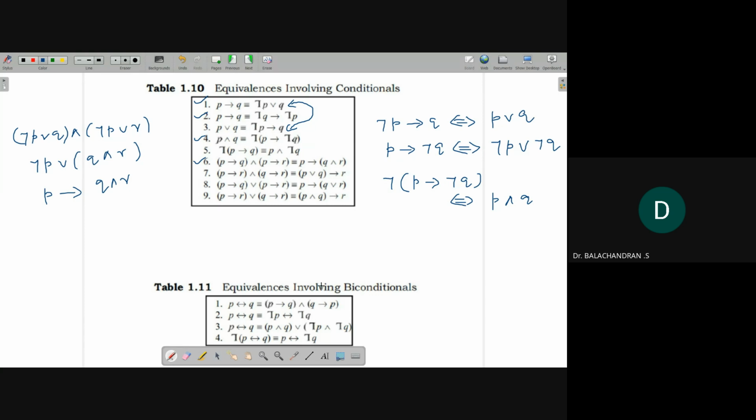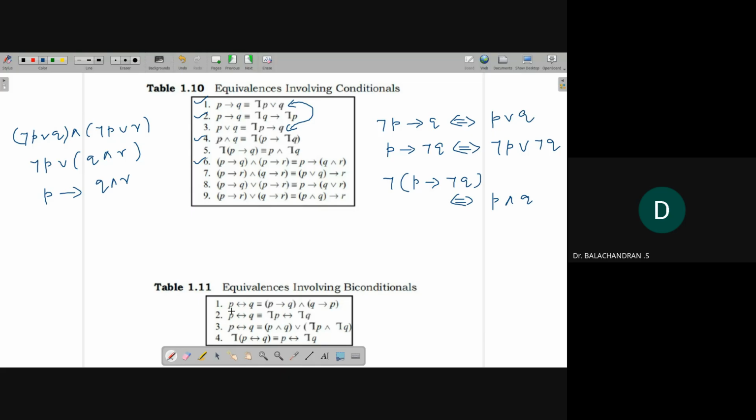Next, equivalences involving the biconditional. I already told that P biconditional Q is equivalent to P implies Q and Q implies P, when we discussed the truth table of the biconditional.